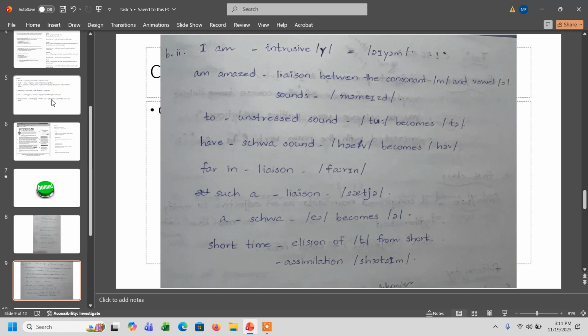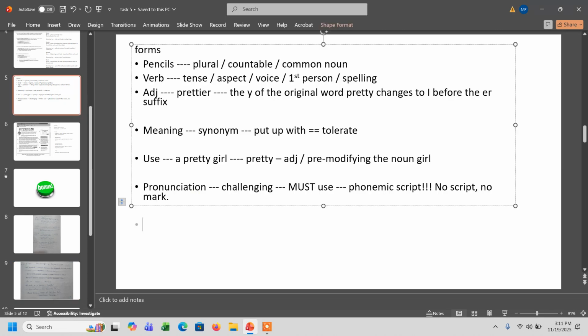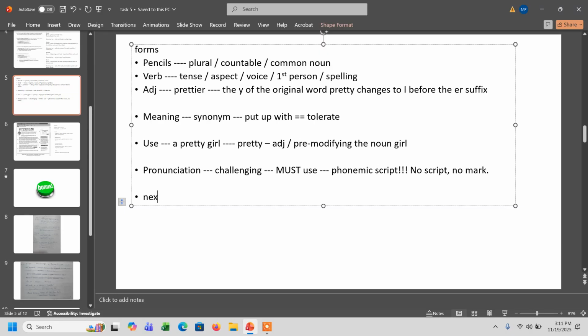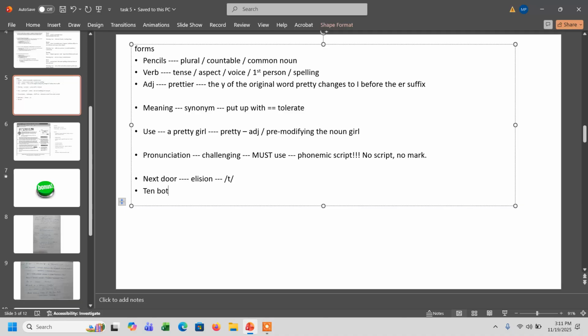I also would like to write down something here, but I'm not sure how I should type. For example, next door. Here we can see the elision, right? Elision of T, next door. And another one is ten bottles.